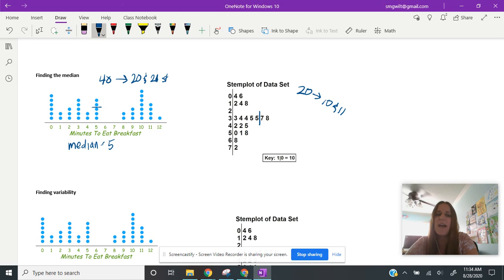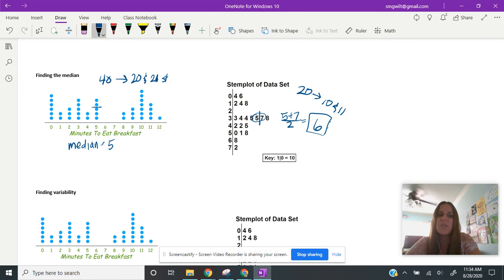Remember, when my median is between two values, I would technically do 5 plus 7 divided by 2, but hopefully we can see that 6 is the median there. And so that's how I would calculate the median based on these values.